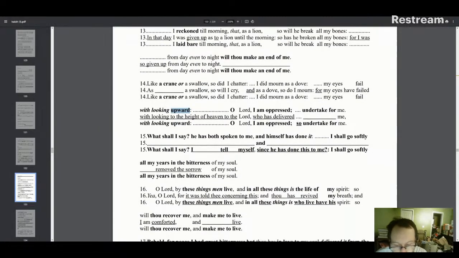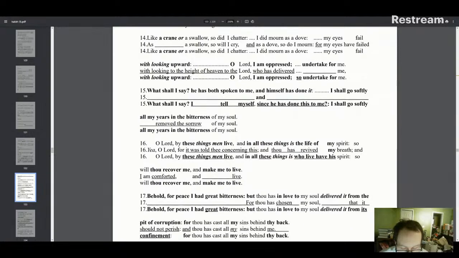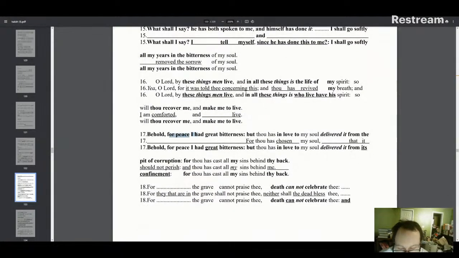And then the Septuagint makes this significantly shorter right here. There's no reason for the scribes to add this in the Hebrew, so the Septuagint is the one condensing this. Behold, for peace I had great bitterness, all that's not in the Septuagint.